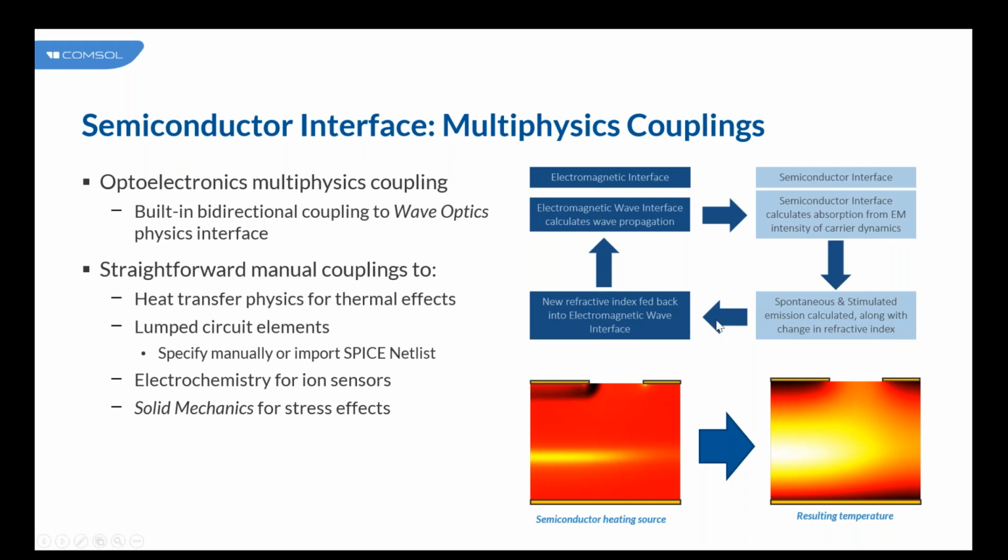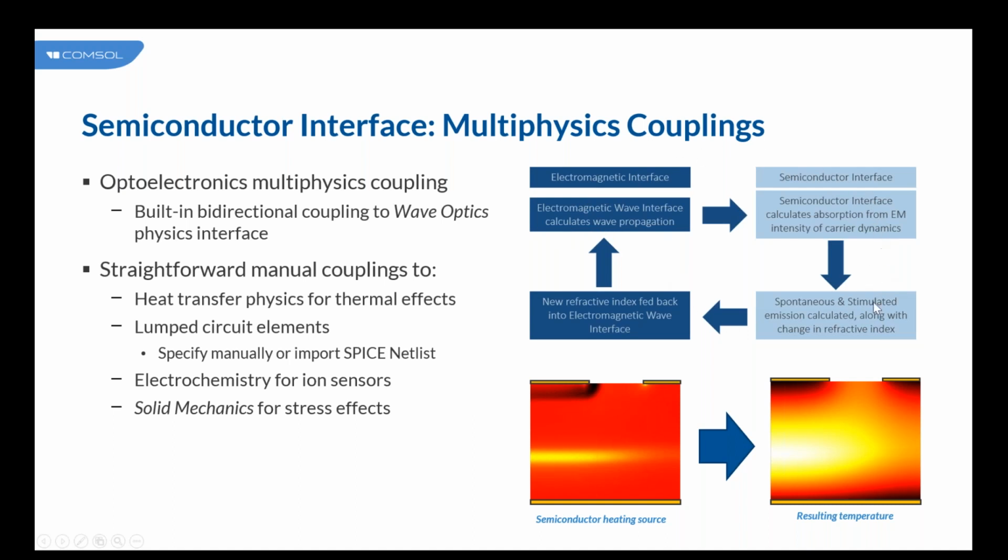That change in the refractive index will feed back to the wave optics physics. Then the newly updated electric field or wave propagation will be obtained and fed back to the semiconductor.